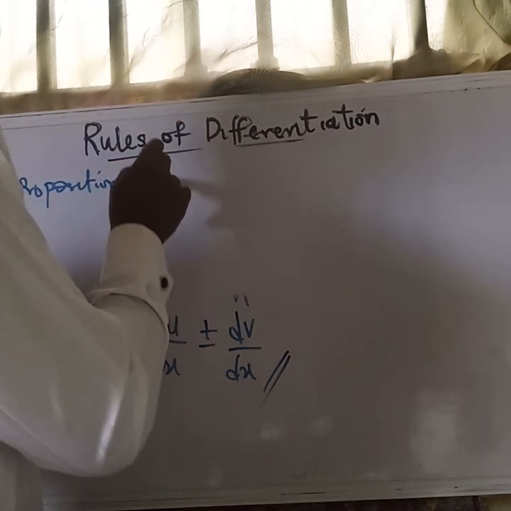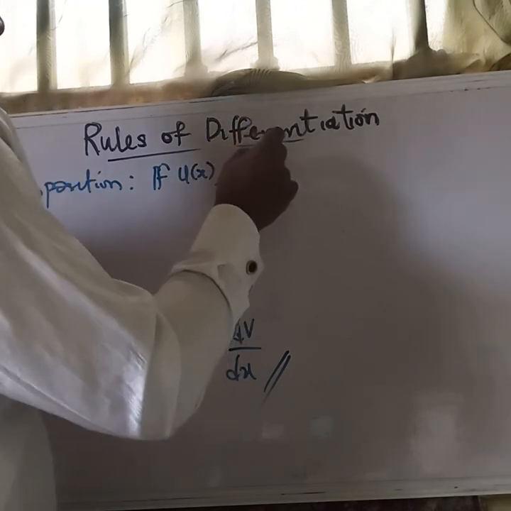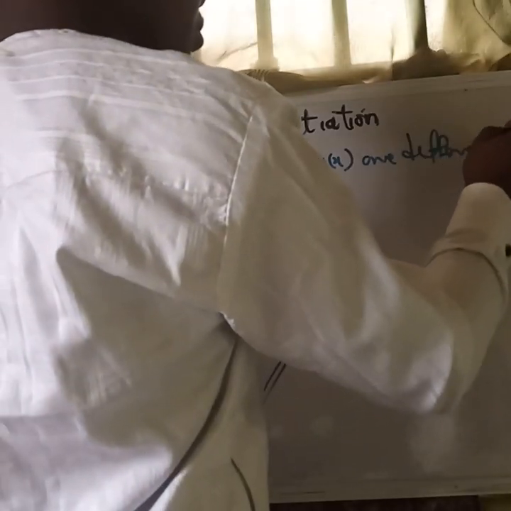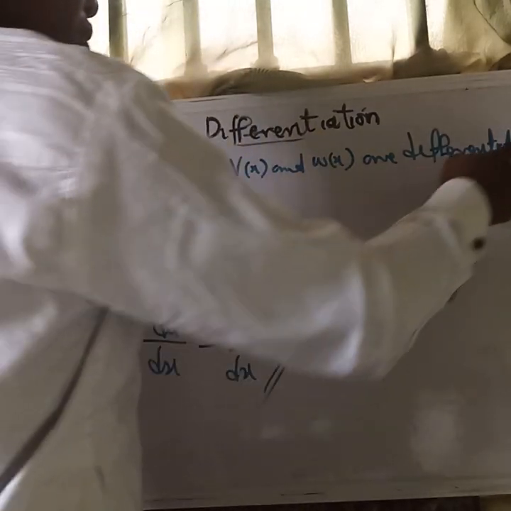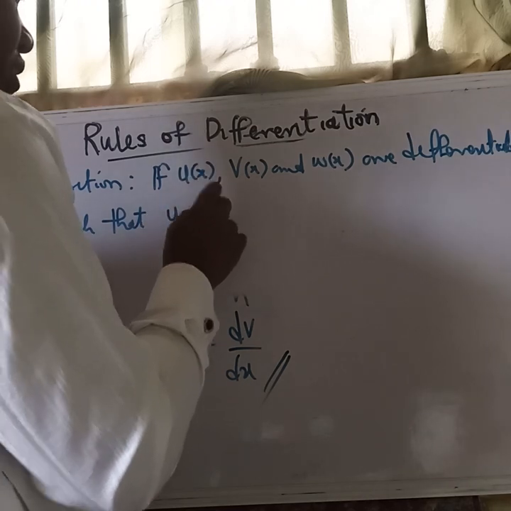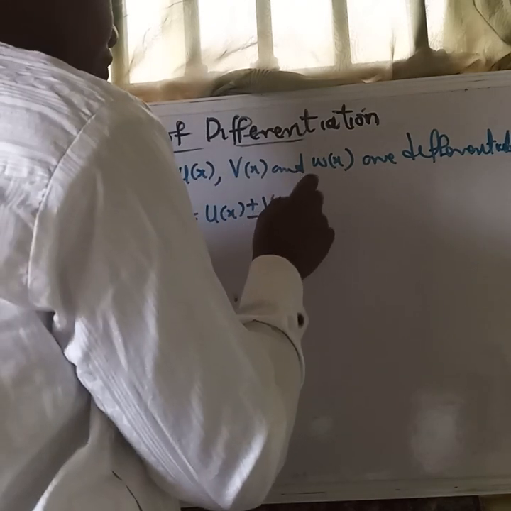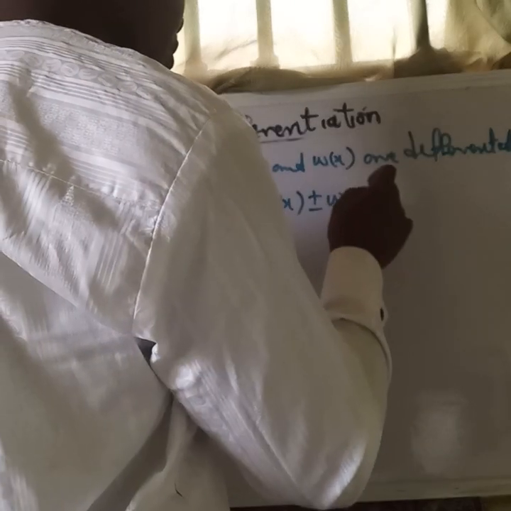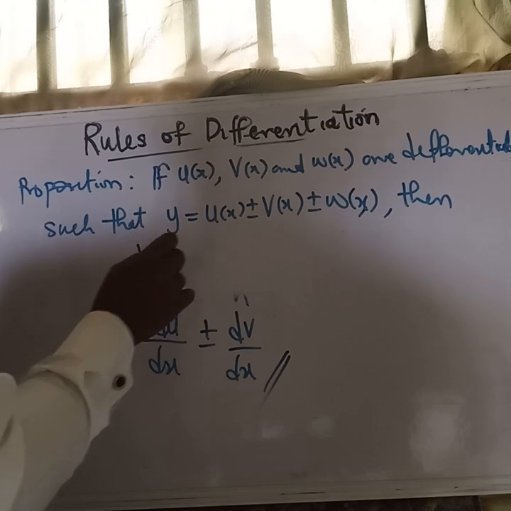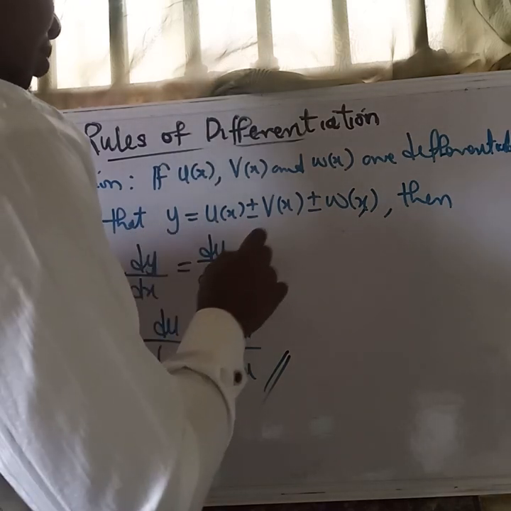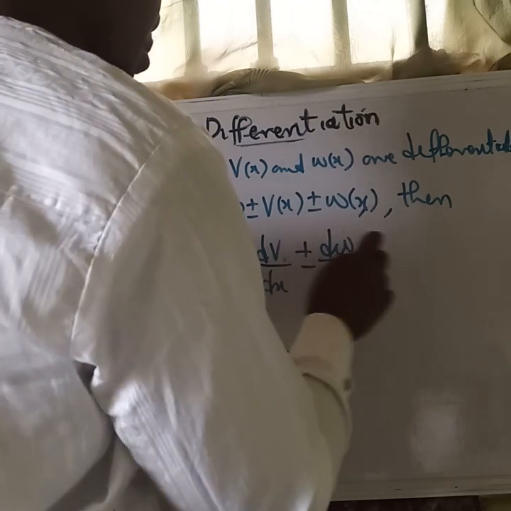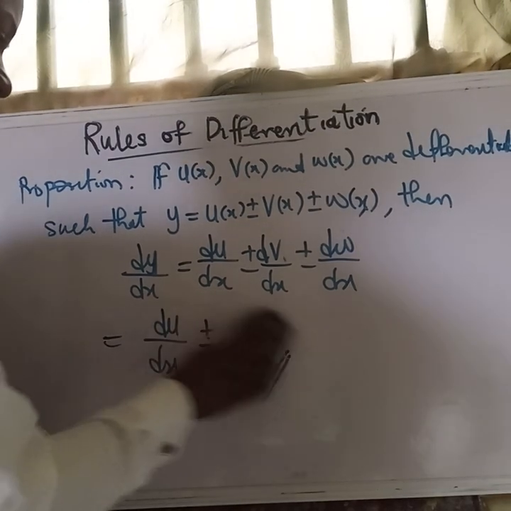So, if u of x, v of x, and w of x are differentiable, such that y is the addition or subtraction of the three functions, then we say the derivative of y with respect to x also exists.